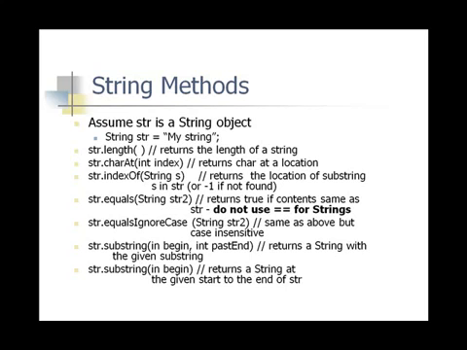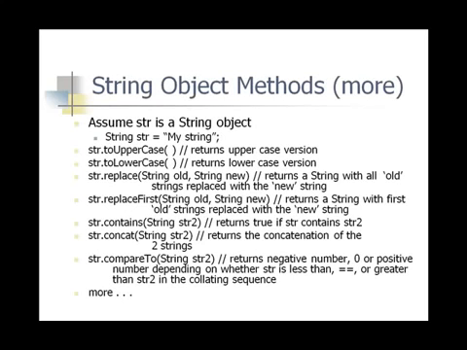We also have a substring that takes just one index, so we can start at some beginning integer and then go until we hit the end of the string. Here's some more. We can convert strings to uppercase, to lowercase. We can replace strings.